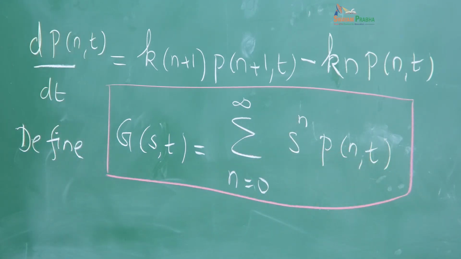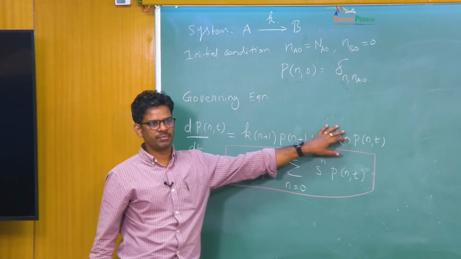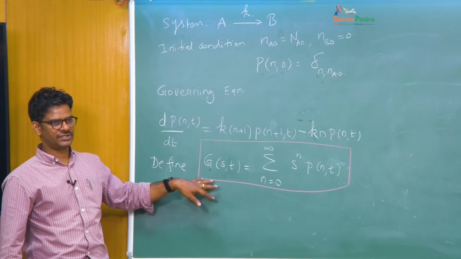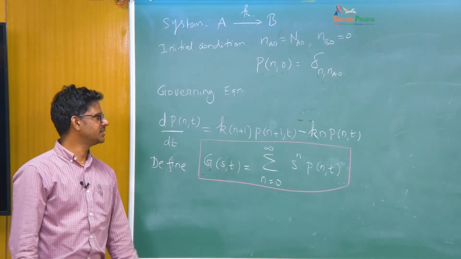What we want to do is rewrite this equation written for P in terms of G, and after that we can do an inversion and get P(n, t). That's the idea.